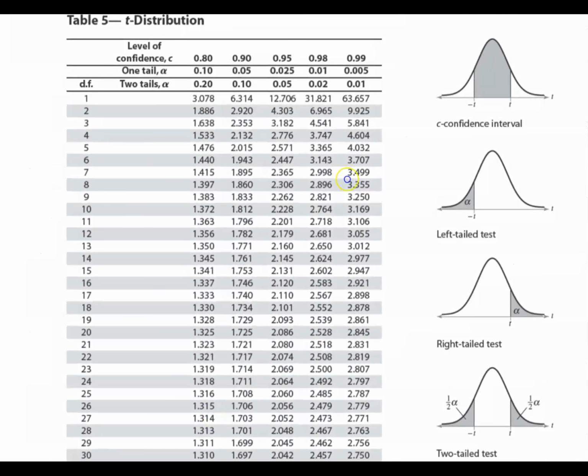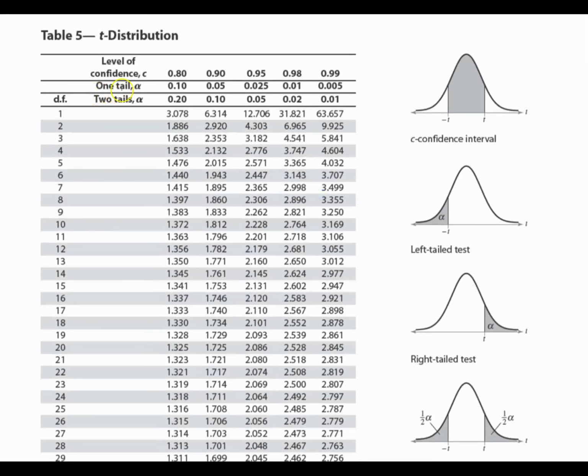So now that we are looking at the t-distribution table, we have one tail. I'm looking at the one tail row, and in that one tail, our area there is 0.01. Be careful not to confuse that with 0.1. Our one tail area is 0.01. And then we're going to go down to our degrees of freedom, which is 4.